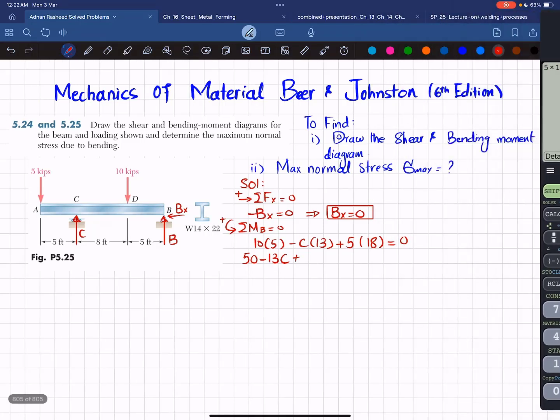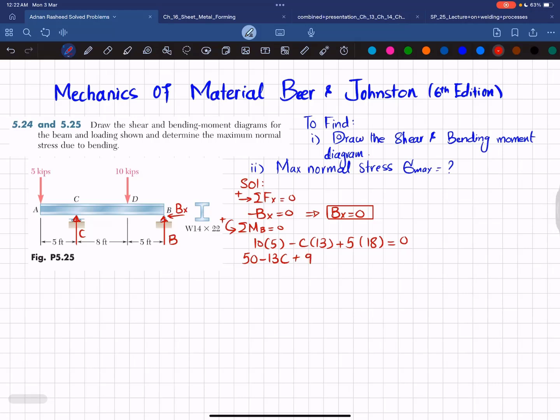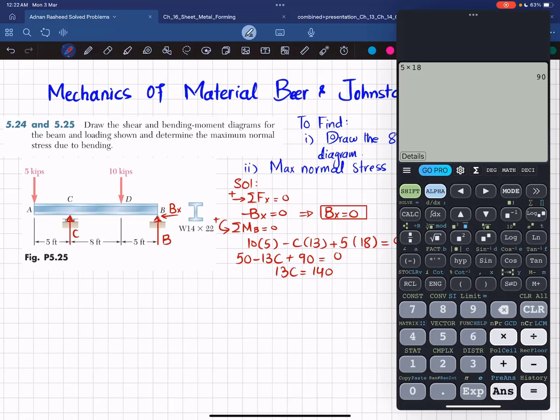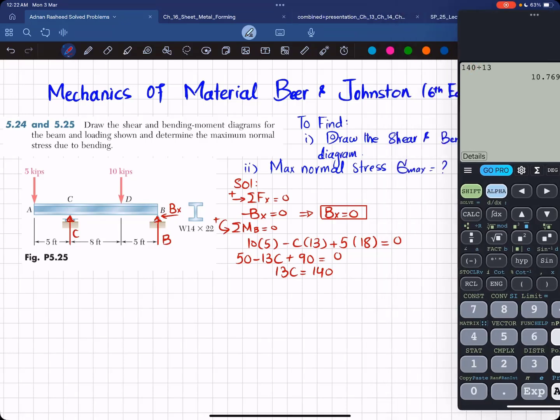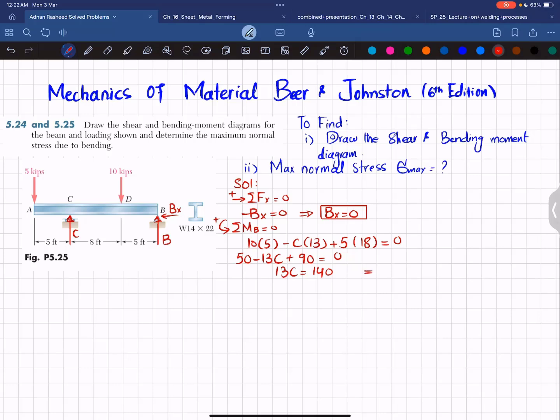So 90 plus 50, so 13C is equal to 140. So 140 divided by 13 will give us 10.76. So from here, C will be equal to 10.76.